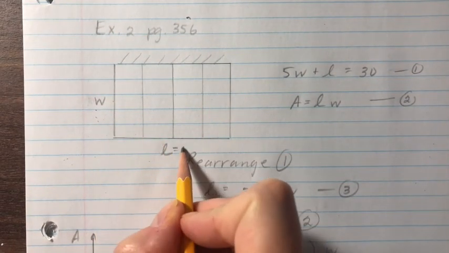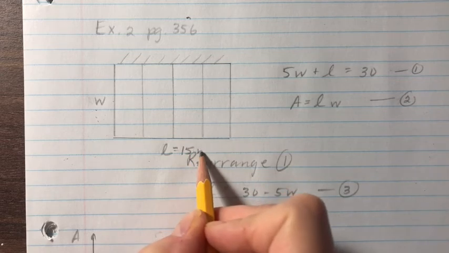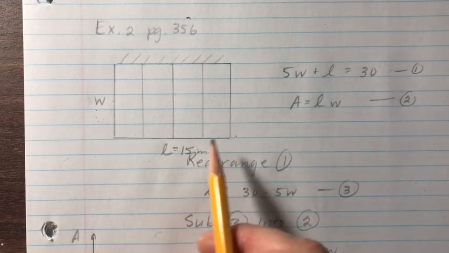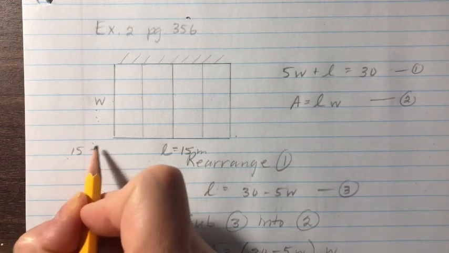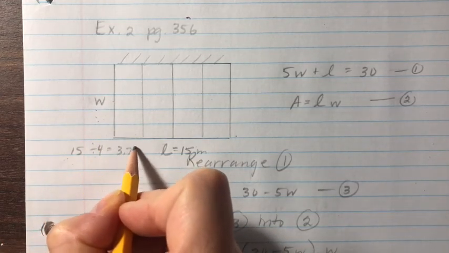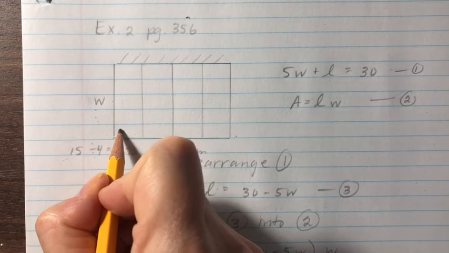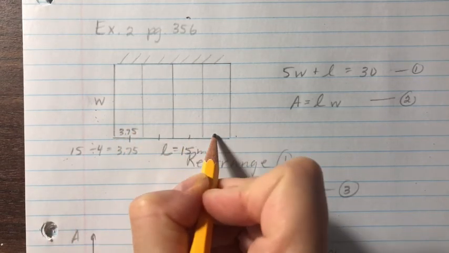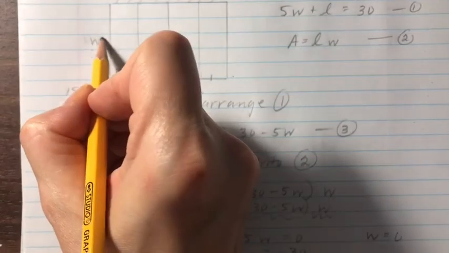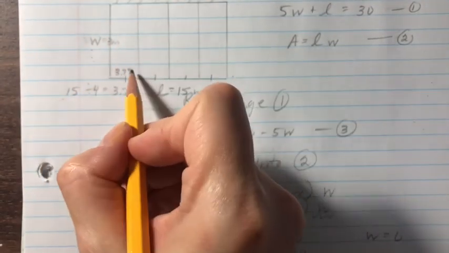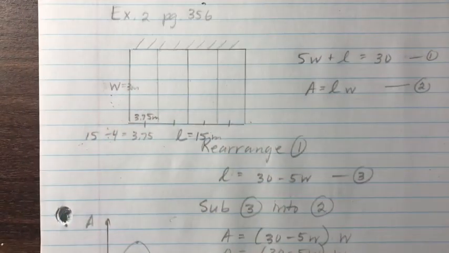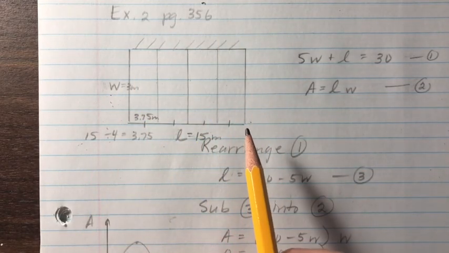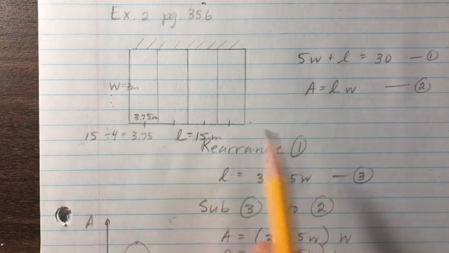So if we know this is 15, this length can be divided evenly amongst the 4 dog runs. And 15, when divided by 4, gives us 3.75. So here, this is going to be 3.75. So each dog run is going to be 3 meters by 3.75 meters, and the entire enclosure, and that will maximize the area, will be 3 meters by 15 meters.